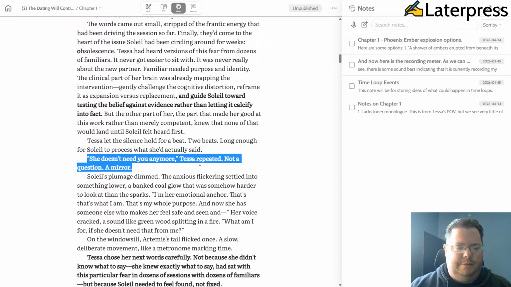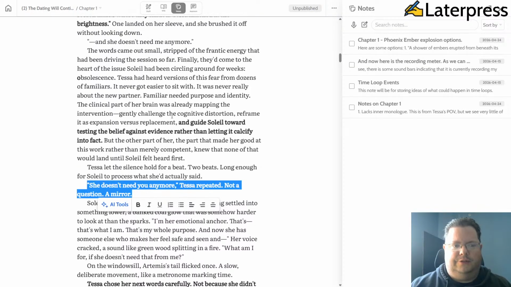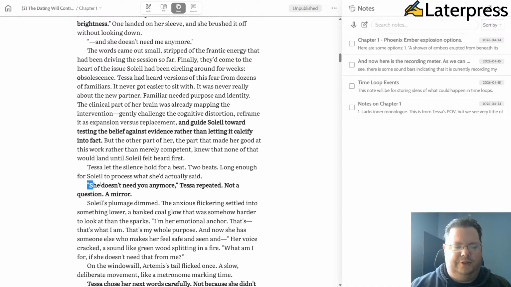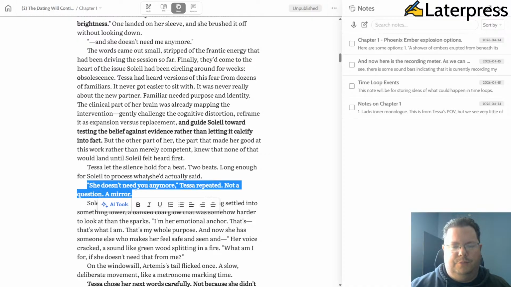She doesn't need you anymore. Tessa repeated, not a question, a mirror. And now this is the reason I highlighted this specifically, and there's more of this in the second chapter as well, is AI's habit of having characters say things, repeat what somebody else just said. And sometimes that is a useful kind of playback, like, do you hear yourself?